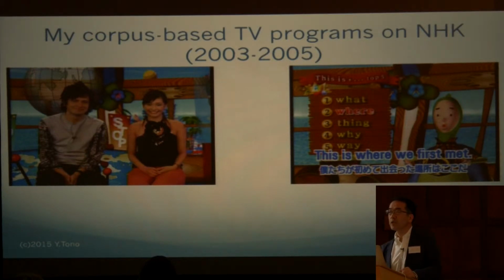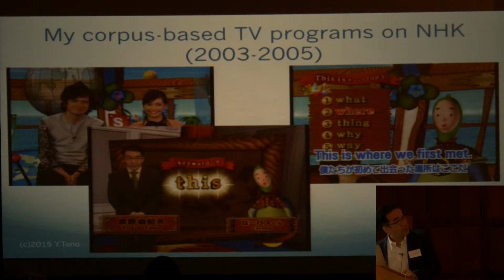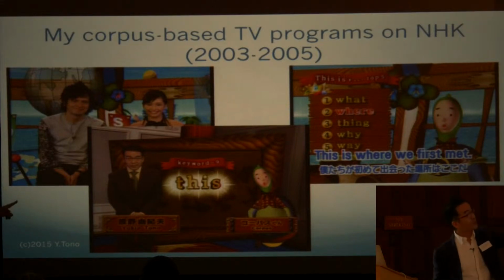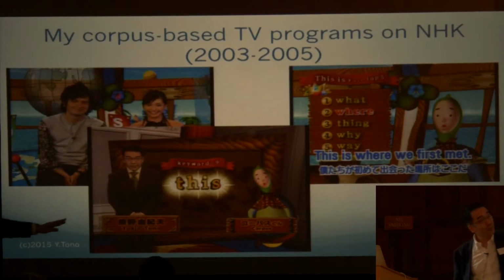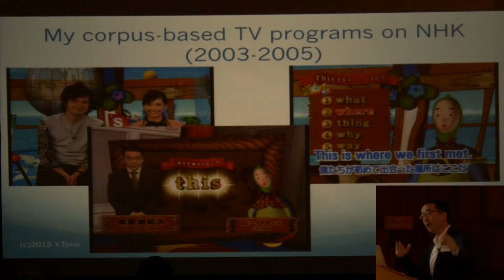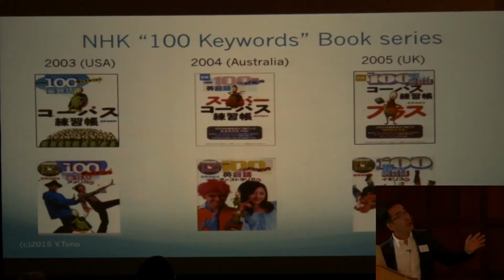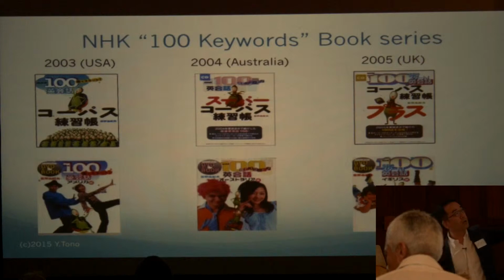And we created all the original skits shot in the UK, New Zealand, Australia, and the United States. And here I'm a bit younger, with the personality called Mr. Corpus. Anyway, it became very, very popular, and all the textbooks sold very well back then.